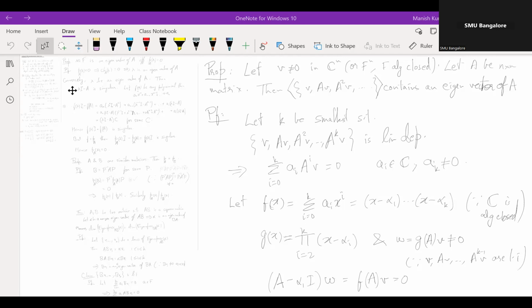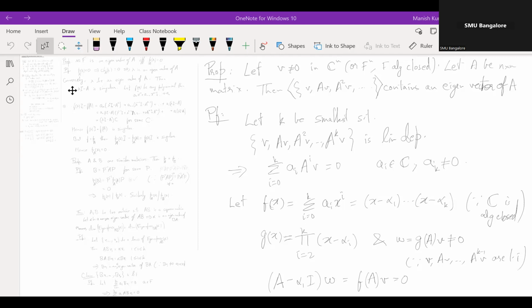Okay, so what is the proof? You take k to be smallest such that this set is linearly independent. For instance, if Av is dependent on v, then you don't have to take anything else, you just take v.